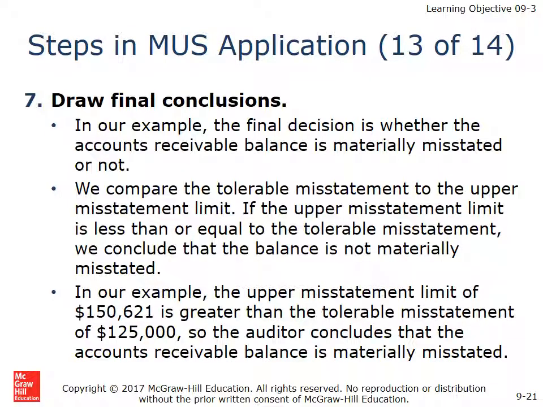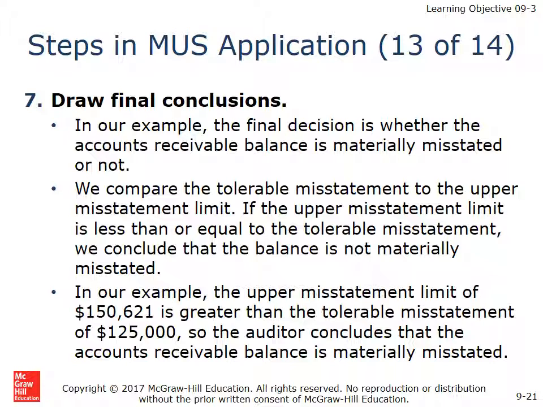Based on the information, then you'll have to draw a final conclusion. In our example, the final decision is whether the accounts receivable balance is materially misstated or not. So we compare the tolerable misstatement to the upper misstatement limit. If that upper misstatement limit is less than or equal to the tolerable misstatement, we can conclude that the balance is not materially misstated.